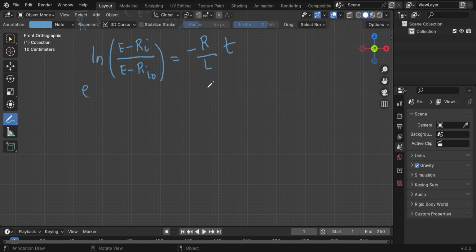Next, if we raise e to both sides, on the left hand side you get E minus R I over E minus R I0 equals e to the negative R over L t.